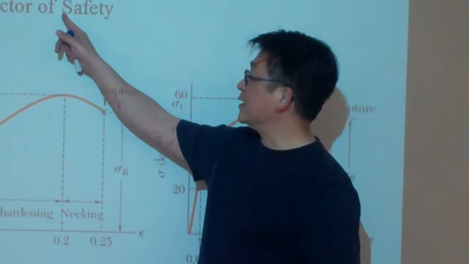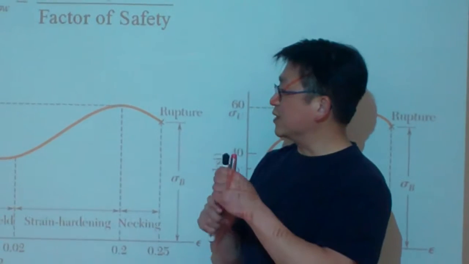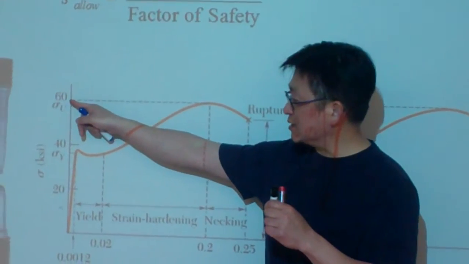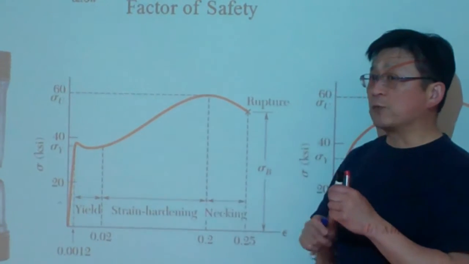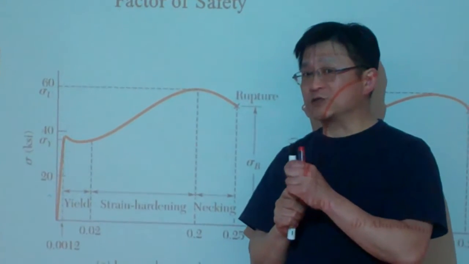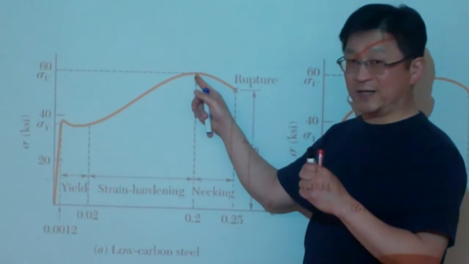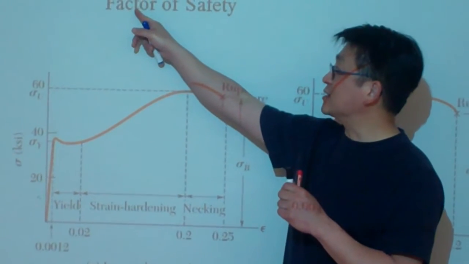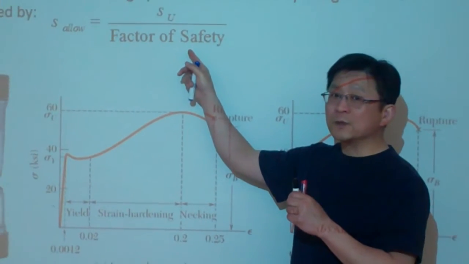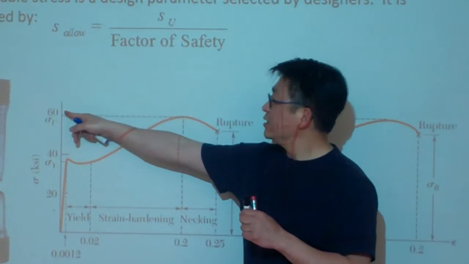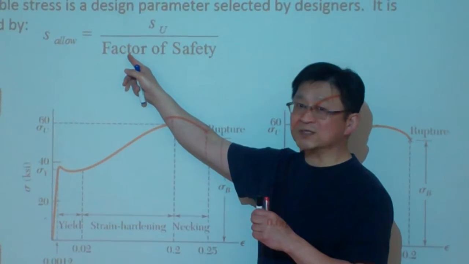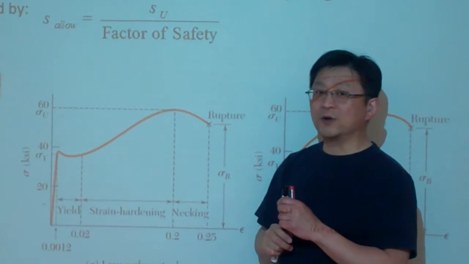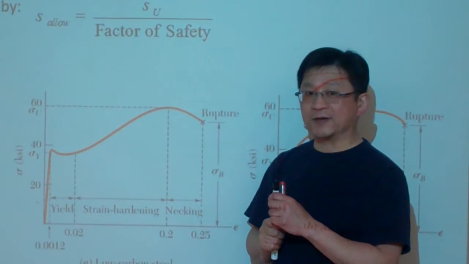For example, if you pick aluminum, the ultimate stress is 60 KSI. I don't want to risk my aluminum structure by pushing that limit. I want to be more conservative, so I select my factor of safety equal to 10. So 60 divided by 10 equals 6.